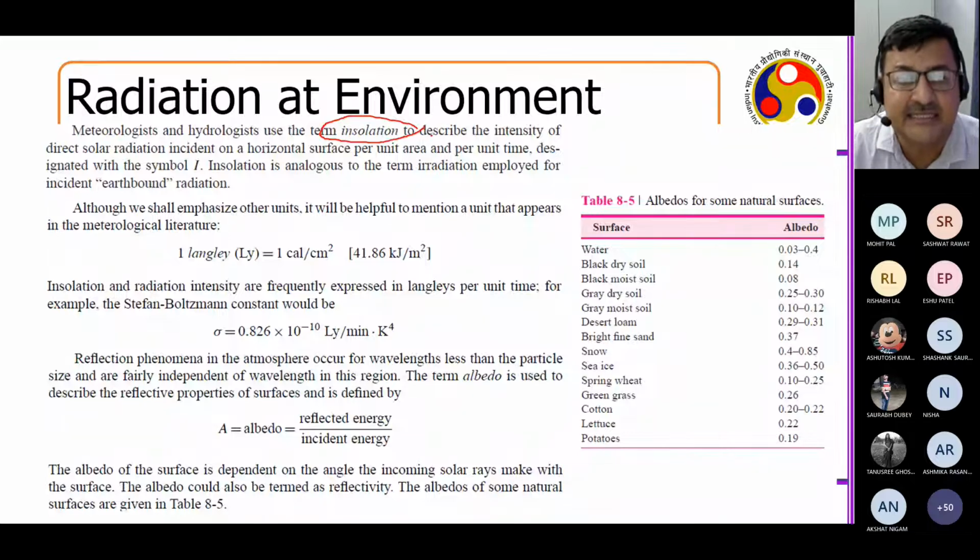Insolation is the intensity of direct solar irradiation incident on a horizontal surface per unit area per unit time. This symbol is I. Although different types of units are available, the unit of this you call as 1 Langley, LY, which is about 1 calorie per centimeter square.